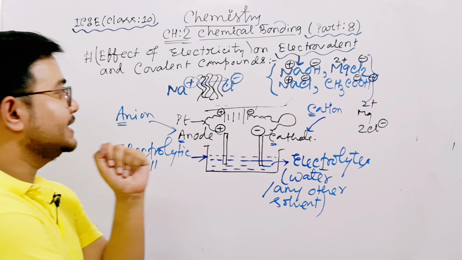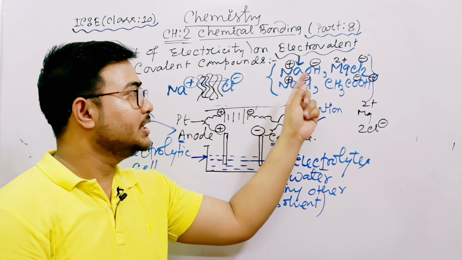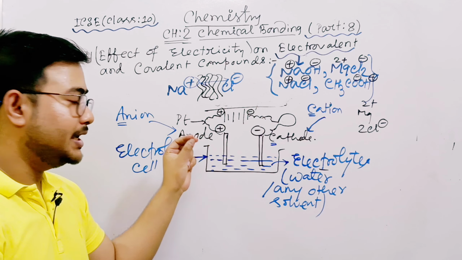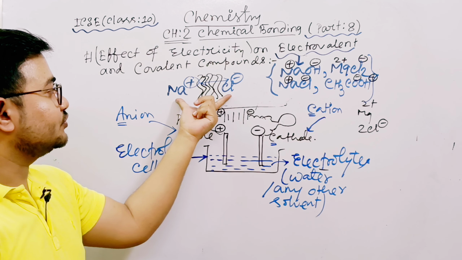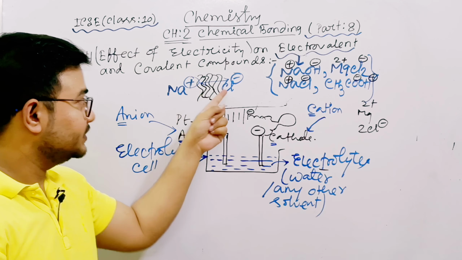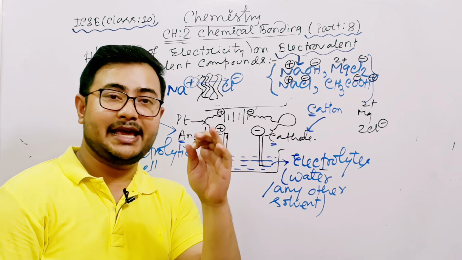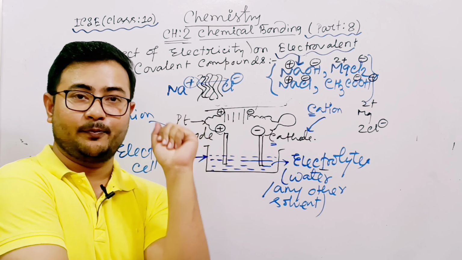Okay, answer is, since the electrovalent compound is composed of two oppositely charged ions, and in aqueous or molten state their attraction decreases, so they can easily carry the current. Since they carry the current, the bulb will glow.